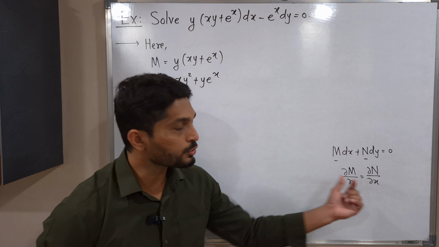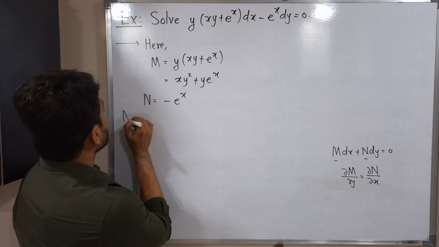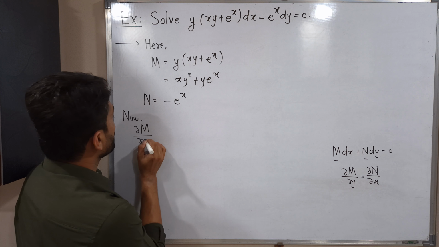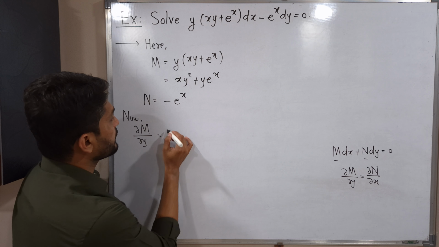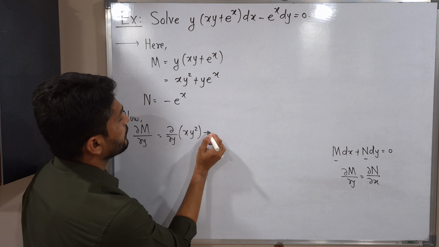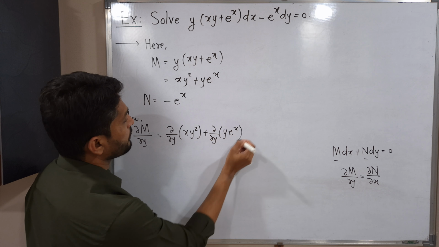So let us check whether these two partial derivatives are equal or not. Now, the derivative of M with respect to what? With respect to y. How many terms are there? Two. What is the sign? Addition. I can take separate derivatives: the derivative of x y square plus the derivative of y e raised to x.